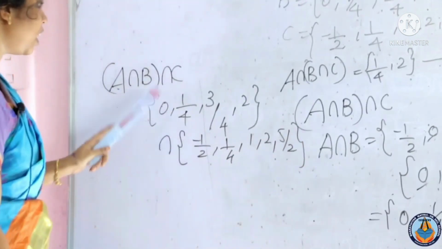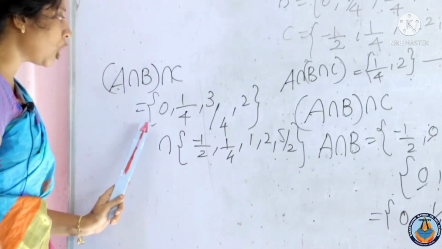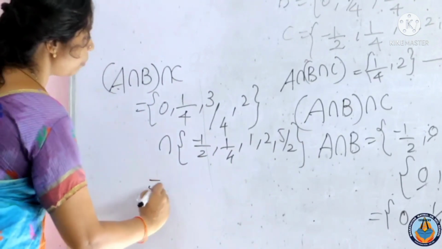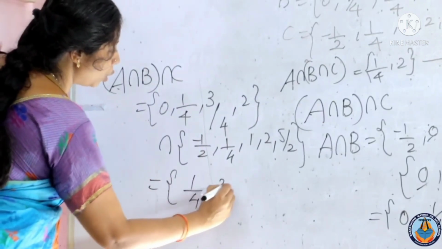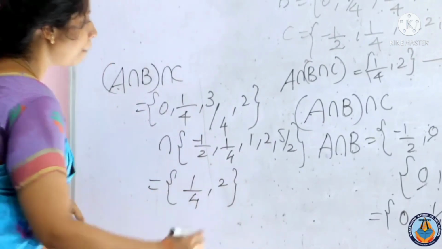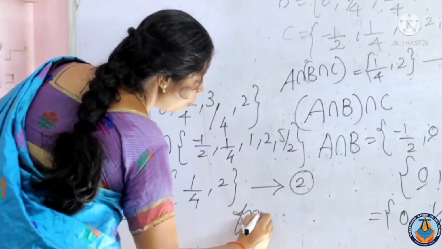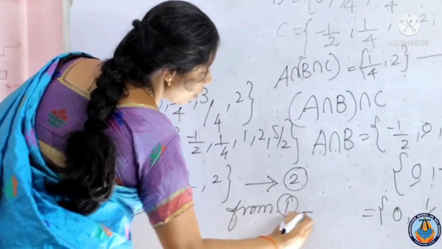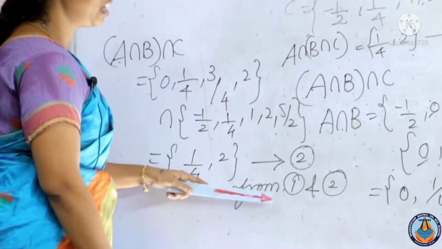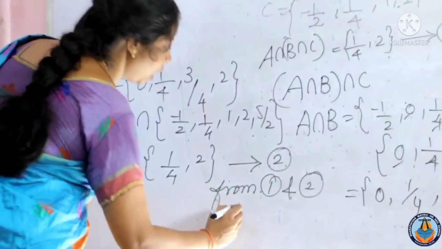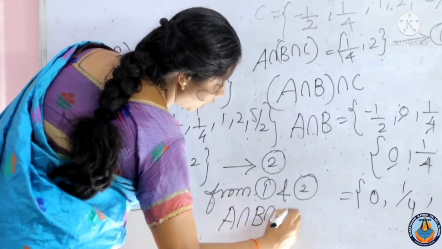You have to find the intersection for both. What are the common elements? Intersection means common elements. 1/4, 2. Mark it as 2. From 1 and 2, it is verified, associative property is true for intersection.